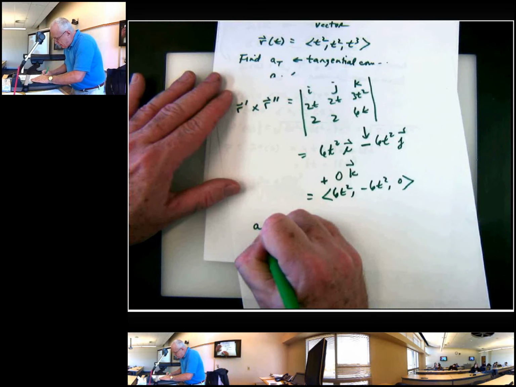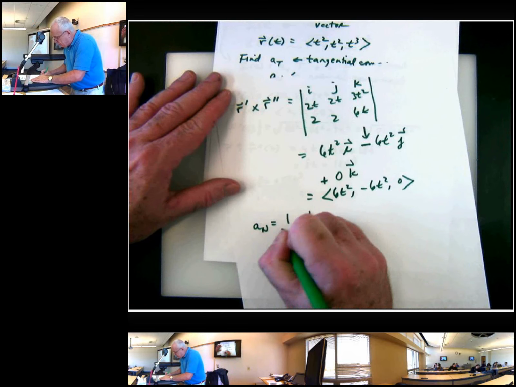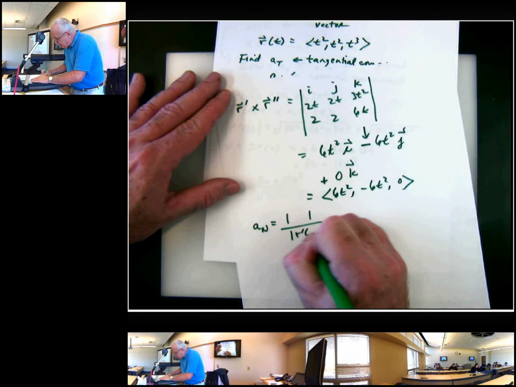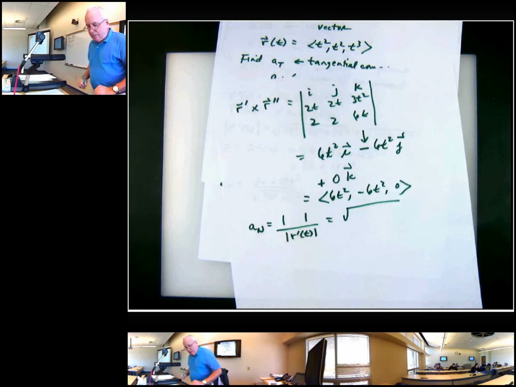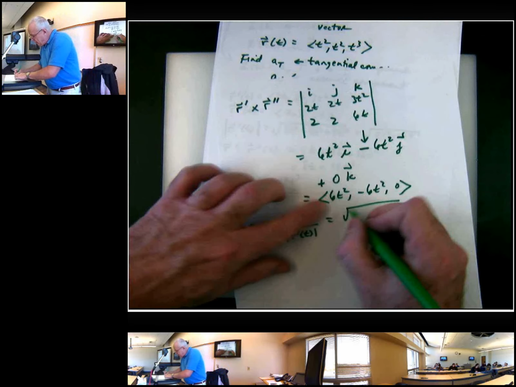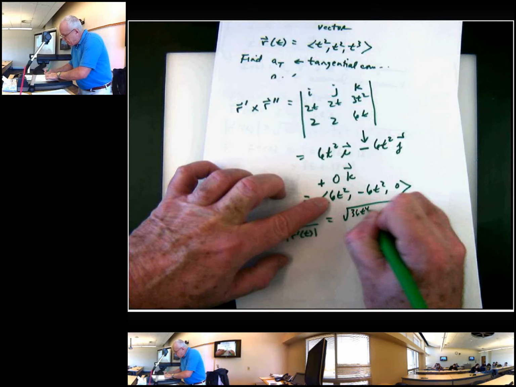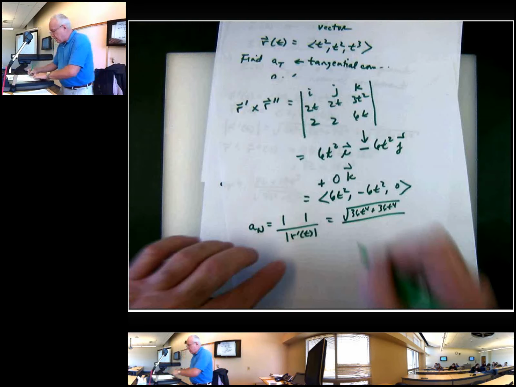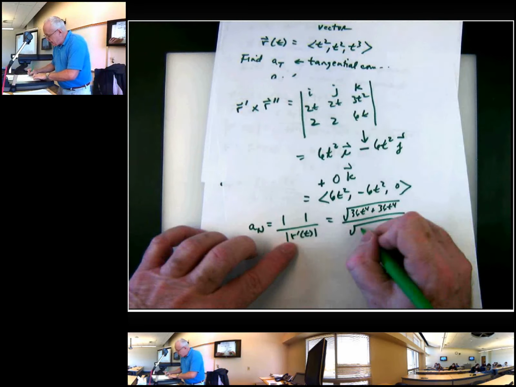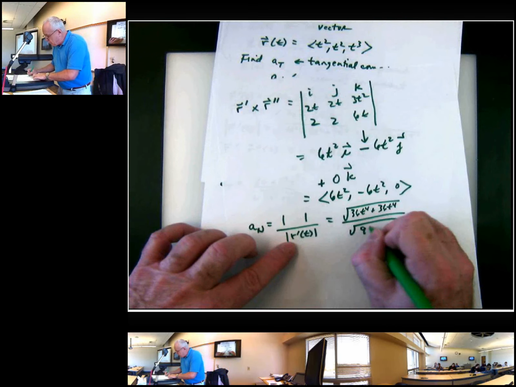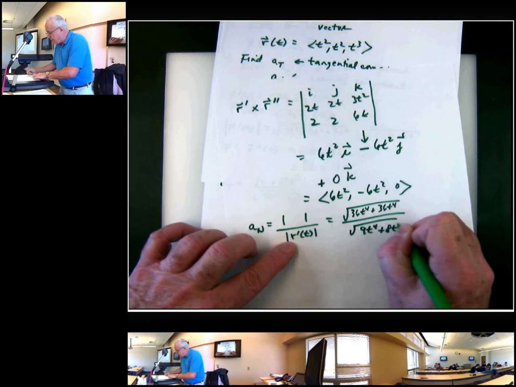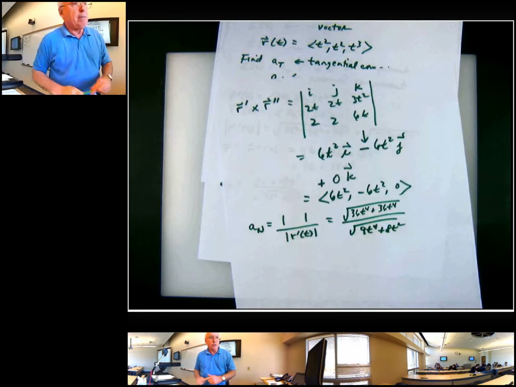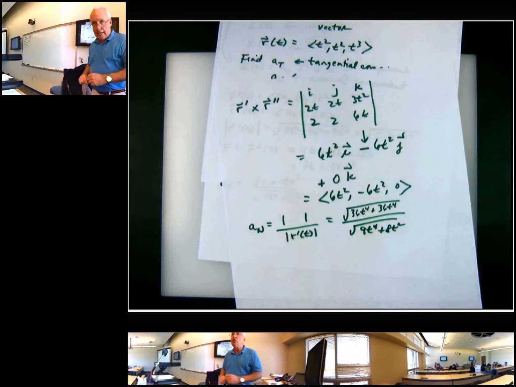So a sub n is the magnitude of this divided by the magnitude of r prime. This is going to come out to be the square root of 36t to the fourth plus 36t to the fourth, all over the square root of 9t to the fourth plus 8t squared, which we had gotten previously. And of course, there's some minor simplifying that we can do with that.